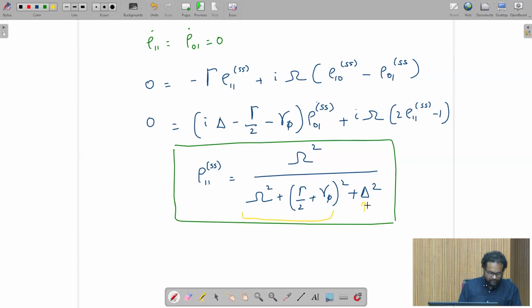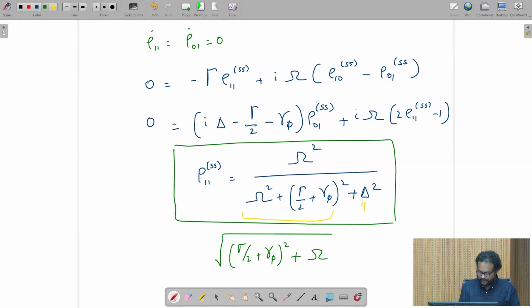But the effective line width of this Lorentzian of the resonance fluorescence will be capital gamma over 2 plus the square. So it's going to depend on the lifetime, on the dephasing, and the Rabi frequency.